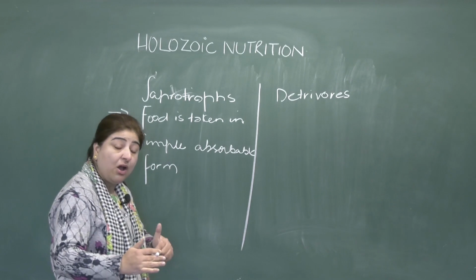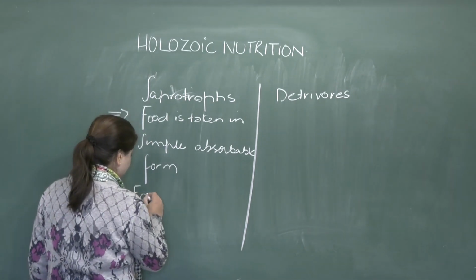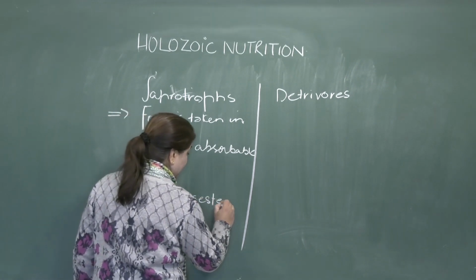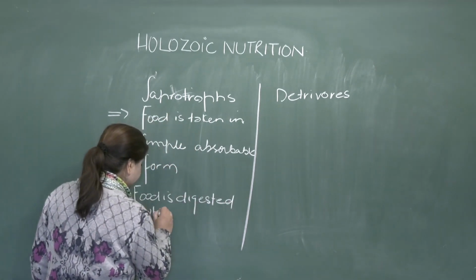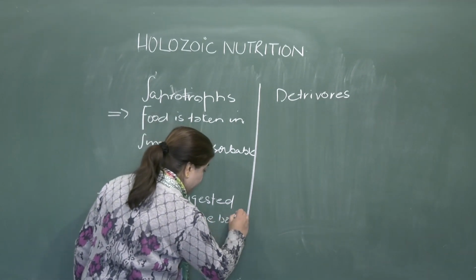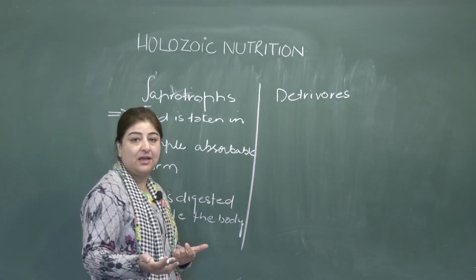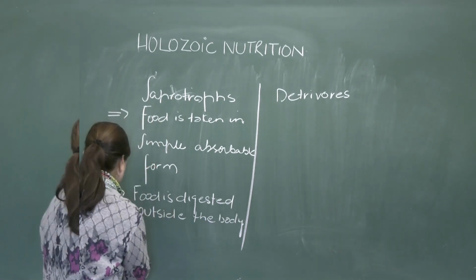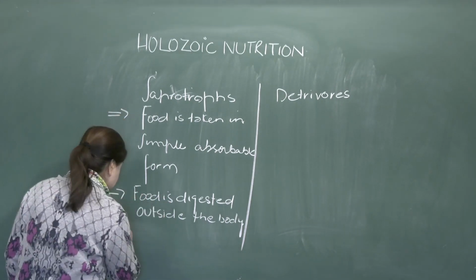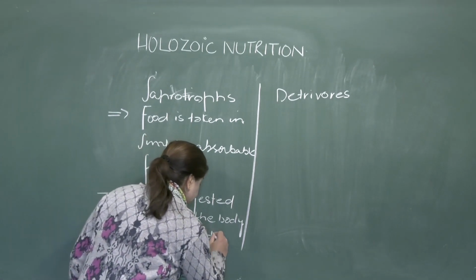The food is digested outside the body, or we can say the digestion is outside the body. When the food is digested outside the body, the digestion is termed external digestion.